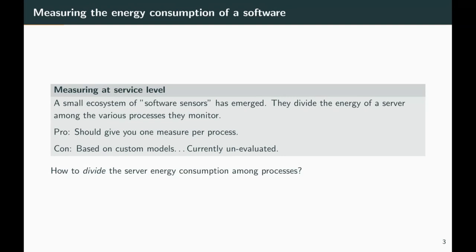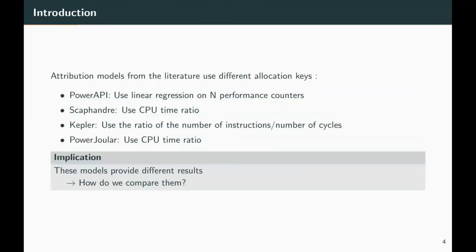I talk about this software as a small ecosystem. Here I gave a few examples. For example, PowerAPI, created by INRIA, Scaphandre, that most people here should know, Kepler, and PowerJoular that was presented two weeks ago.